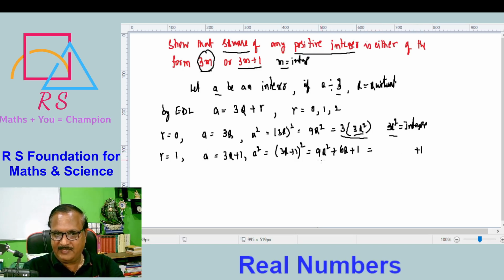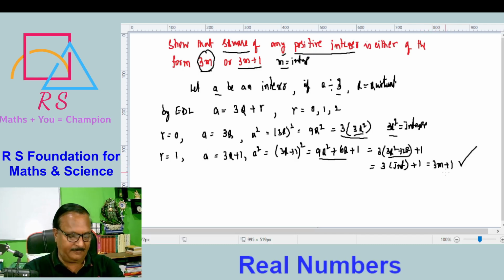In these two I can take 3 common: 3 into 3q square plus 2q. So now this 3q square plus 2q is an integer. 3 into integer plus 1. So the integer I can write as m. So I can write 3m plus 1. So it is also an integer.